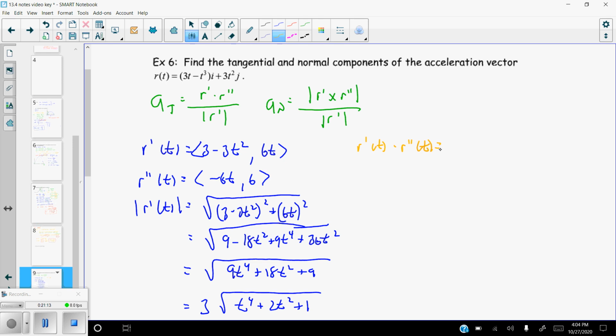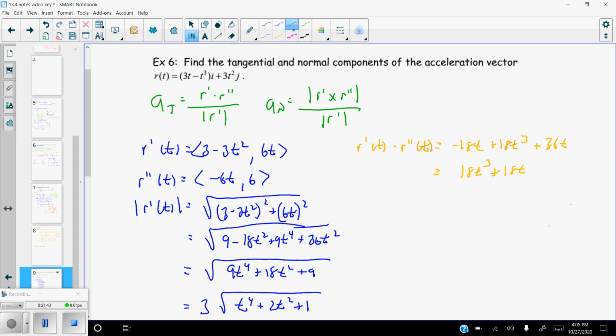If I dot those two things, multiplying the first components together is going to give me negative 18t plus 18t cubed, plus the second components is going to be 36t. Okay, and we can simplify that just a little bit. That's going to be 18t cubed plus 18t.